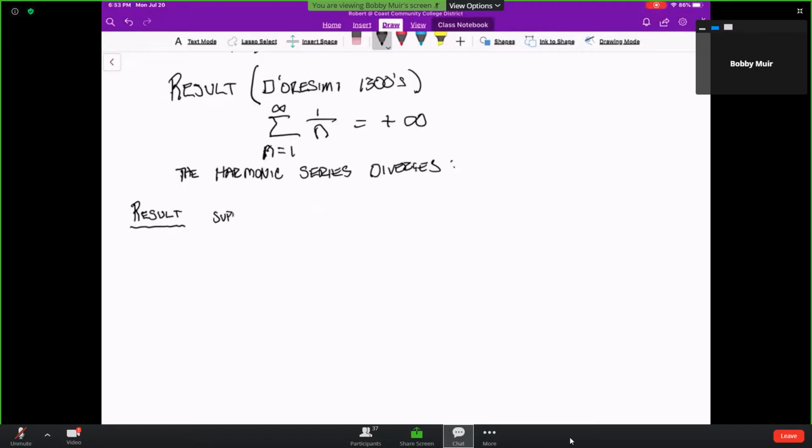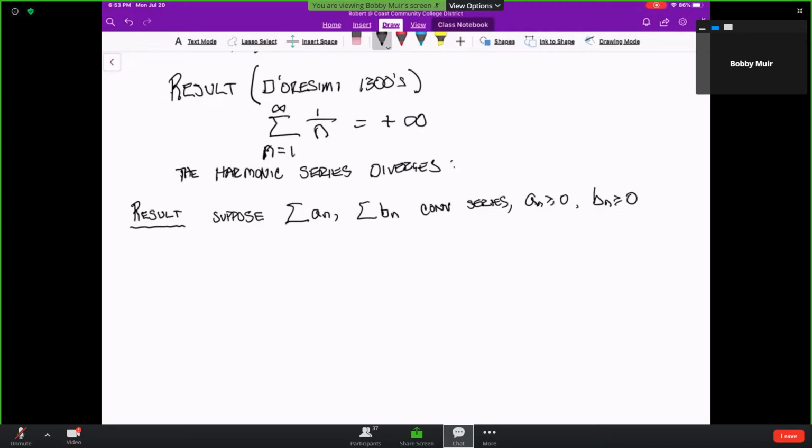Suppose that the sum of the a_n's and the sum of the b_n's are converging series. The a_n is bigger than or equal to 0 and the b_n is bigger than or equal to 0. We're not talking about negatives just yet. So these two things converge.